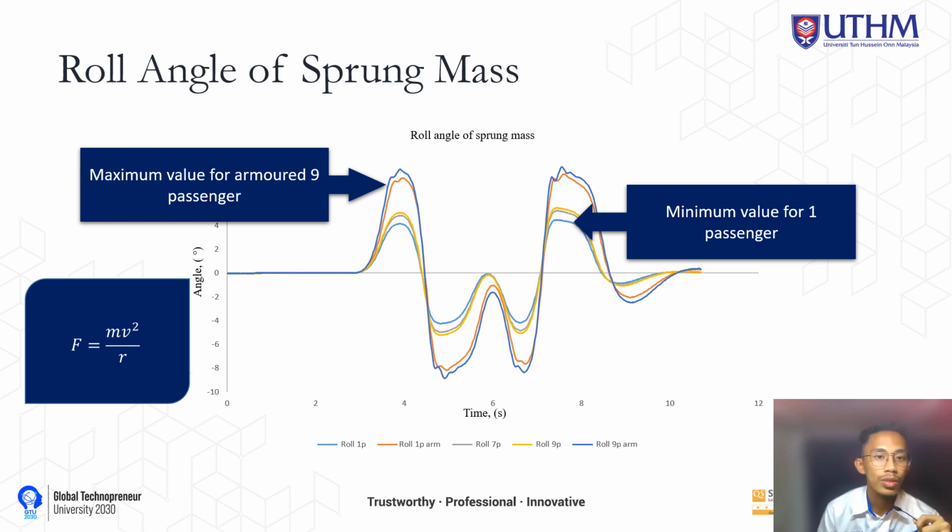So when the sprung mass center is high, the torque of the centrifugal force will increase. So to reduce roll angle, the distance from the roll axis to the sprung mass center needs to be reduced.